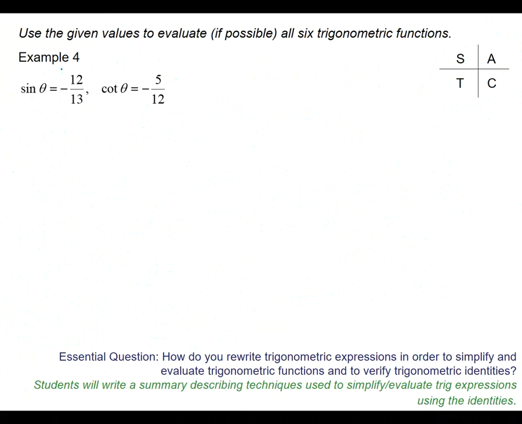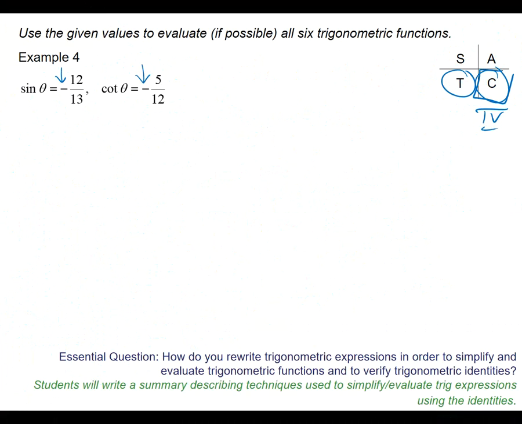What quadrant is sine negative in? 3 and 4 again, right? My apologies that those numbers are the same. What about cotangent negative in which one of those two quadrants? 4, right? So it's a quadrant 4 answer on that.